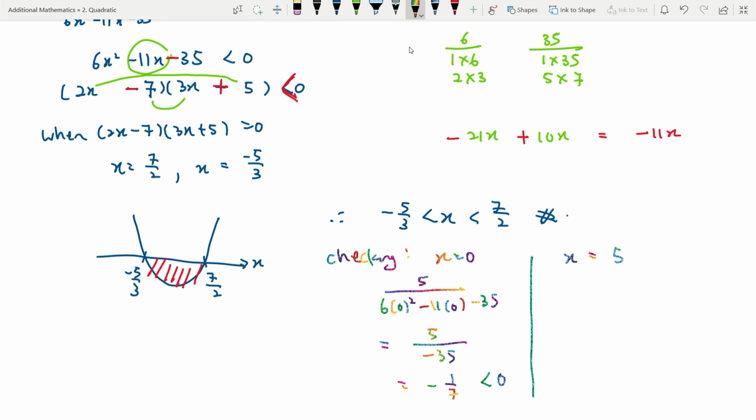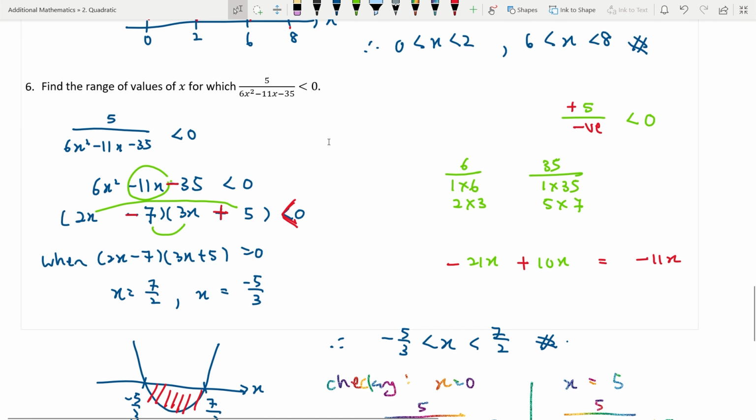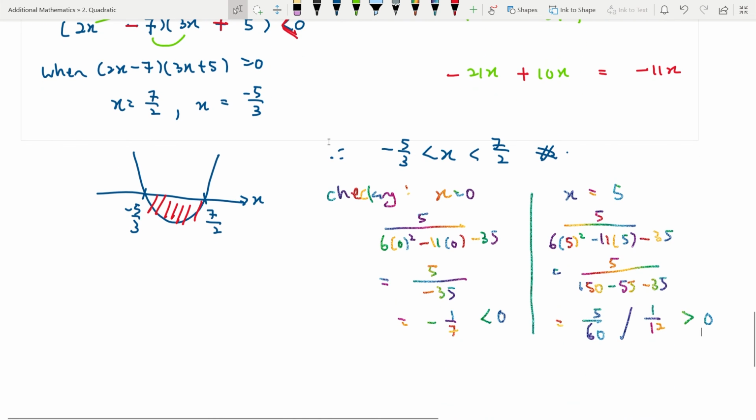If we substitute x with 5, the condition will not be fulfilled. 5 over 6 times 5 squared minus 11 times 5 minus 35 is equal to 5 over 150 minus 55 minus 35, which is equal to 5 over 60 or 1 over 12. 1 over 12 is greater than 0, hence the condition is not fulfilled. We can conclude that our answer is correct.